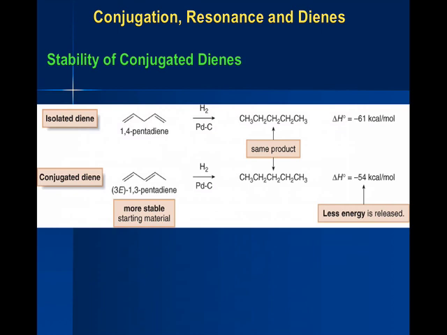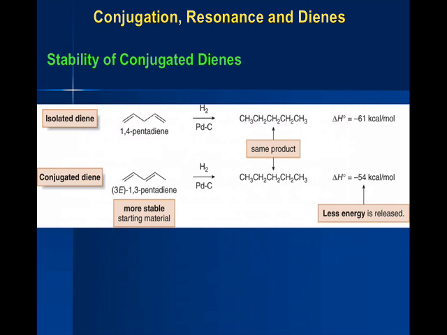But so what are they? They are not resonance structures, but they are isomers. These two things are isomers. And so when we hydrogenate these, we get the same product. Okay? But do we get the same amount of energy out when we hydrogenate them? And why is that?